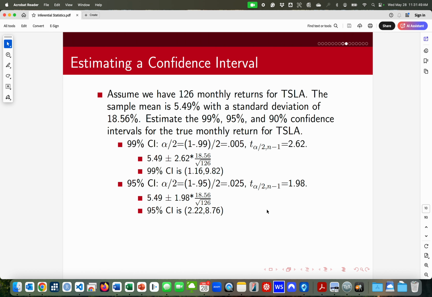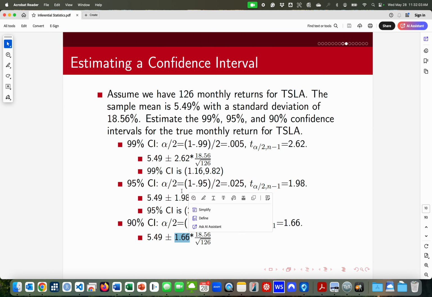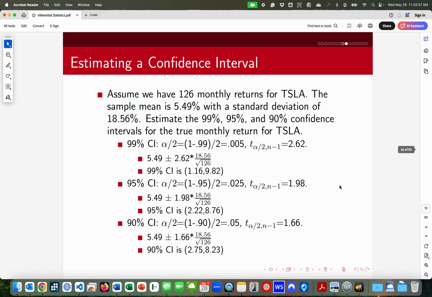And our confidence interval is 2.22% to 8.76%. And if we want to be 90% confident, we use a different t-value. It's 1.66. So we use 1.66 instead of the 1.98 or the 2.62. And our interval is 2.57% to 8.23%.